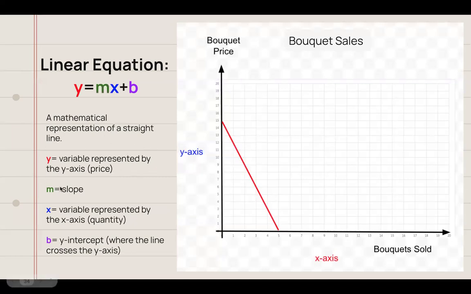Y is the variable represented by the y-axis, so in this case it's price. M represents the slope. X represents the variable on the x-axis, so the quantity in this case. And B is what we call the y-intercept, which is where the line, our red line, crosses the y-axis.